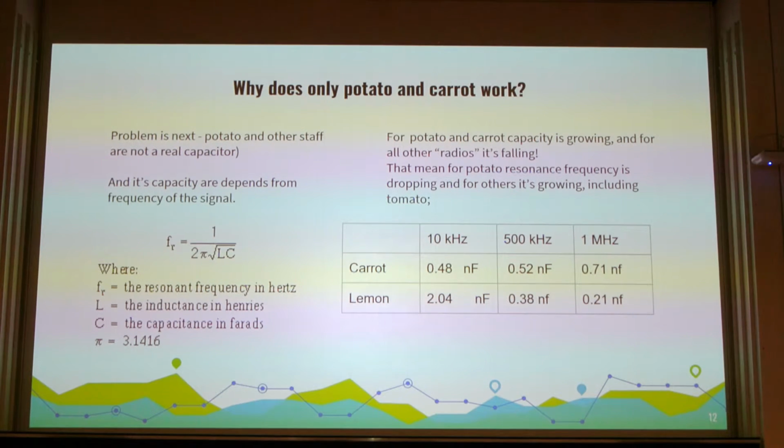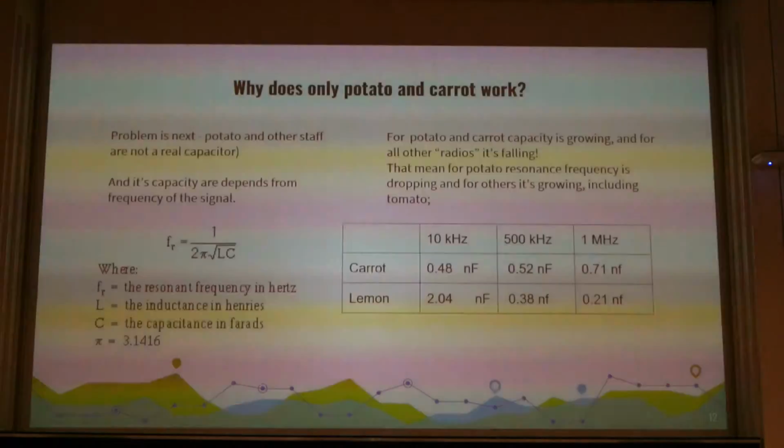So it's just escaping from our resonant frequency. I don't know why, that's the question I have to ask. So only the tomato was working because its initial capacity was very low, and we were able to catch it up before we hit the limit of our signal generator.